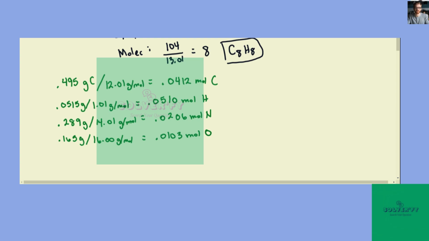The smallest value here is the oxygen. So I am going to divide each of these by 0.0103. And they come out pretty darn close to whole numbers.